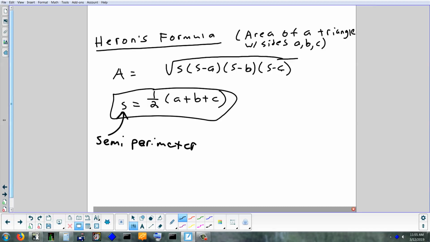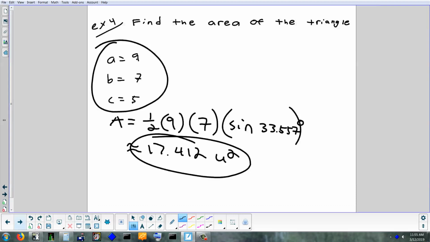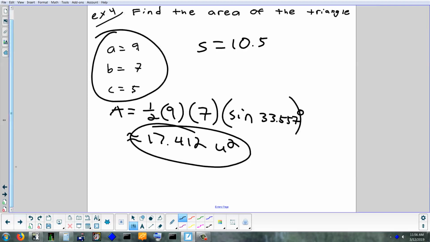S minus A, S minus B, S minus C. So let's do this one. What's the semi-perimeter here? When you add them all up, they add up to 21. That's the perimeter. And then times 0.5 is how much? 10.5, yeah. And that's the only calculation we have to do before we can start the formula.